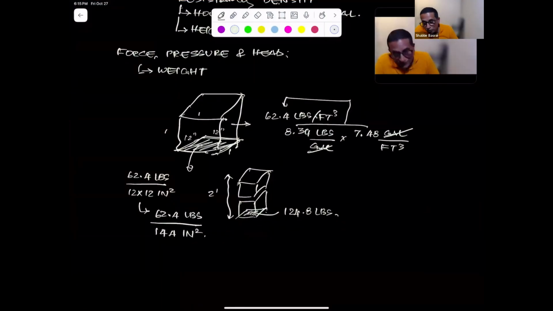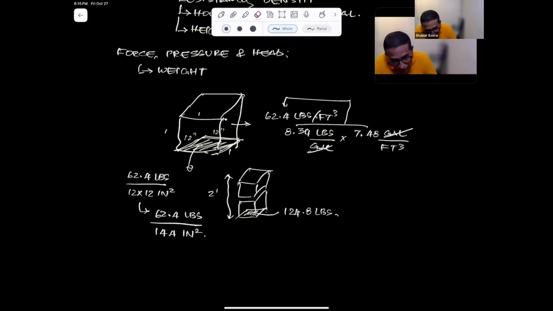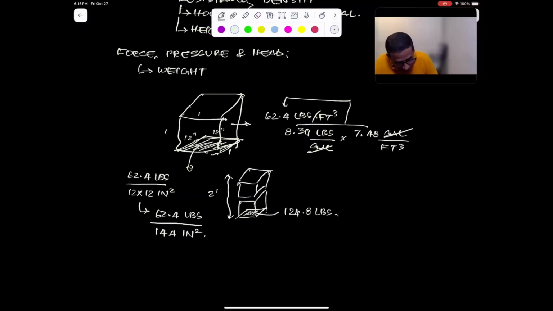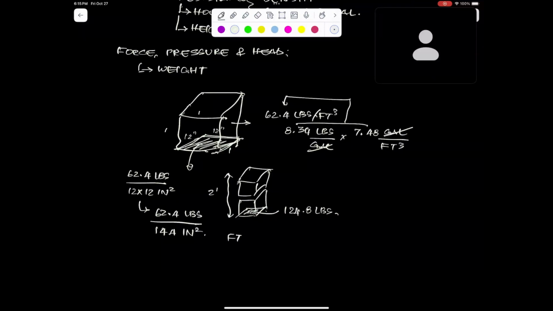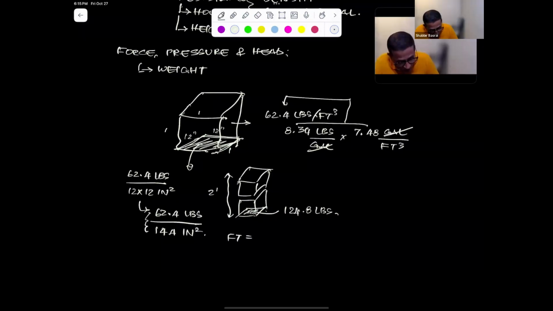So basically what this means is that per foot of water, this works out to 0.43 pounds per inch square. So this is the same as 0.43 psi. So psi is pound per inch square.